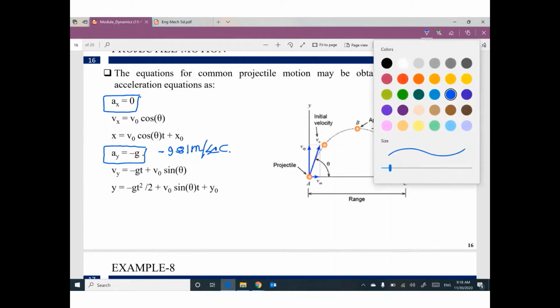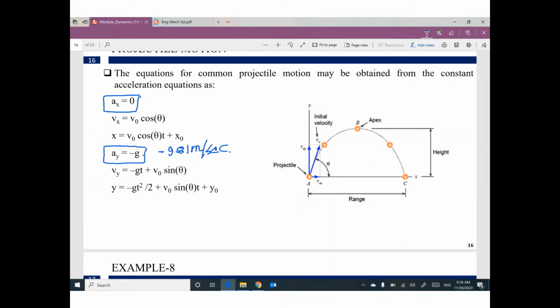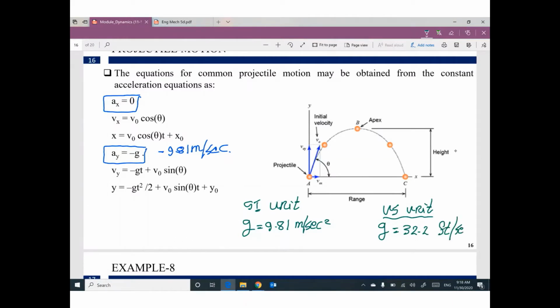Guys, by the way, for your information, if you are talking about SI units, which means meter, kilometer, g equals 9.81 meters per second squared. If you are talking about US units, feet, pound, all of this stuff, g equals 32.2 feet per second squared.